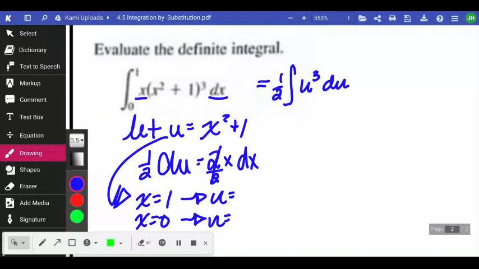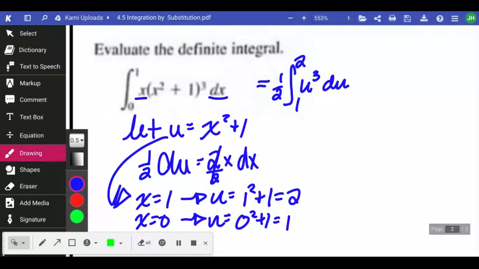So in order to find a u limit of integration, I can plug in 1. That top limit of integration changes from 1 as an x value to 2 as a u value. And then I'll plug in 0, which means my 0 x limit of integration changes to be a 1.